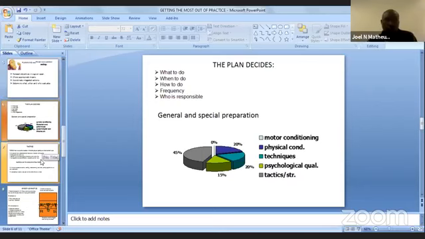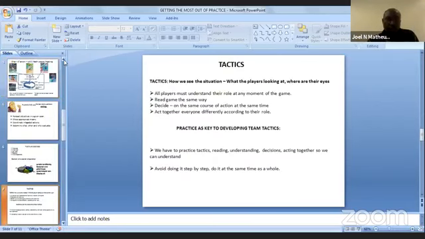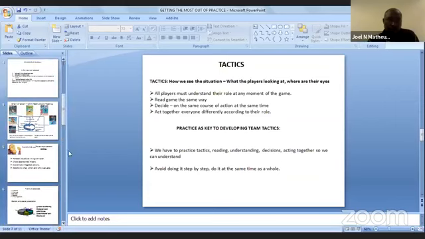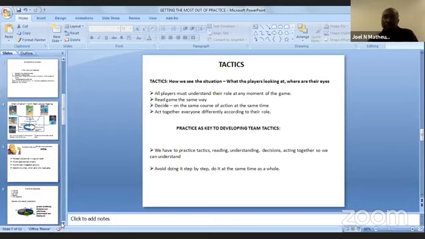Okay, thank you. With this kind of training, the difference between non-competitive and competitive, we must always look at which phase we are in. If we are in the competition period, we must focus more on competitive training because we are facing competition.